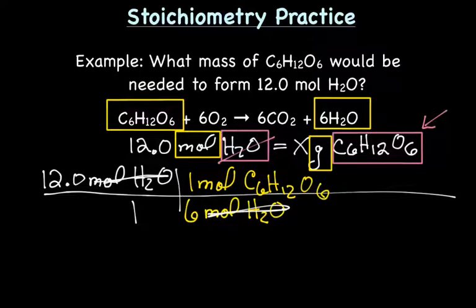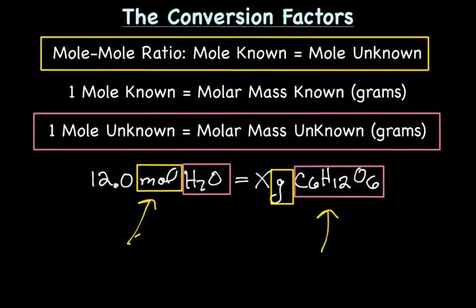So we've changed molecules. Now we need to change from mole of C6H12O6 to mass C6H12O6, which, if you remember, we're going to use 1 mole of the unknown, C6H12O6, to the molar mass of the unknown in grams. And where do we get the molar mass? You add up the mass off the periodic table.